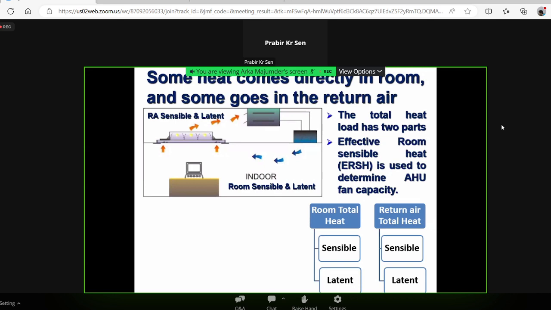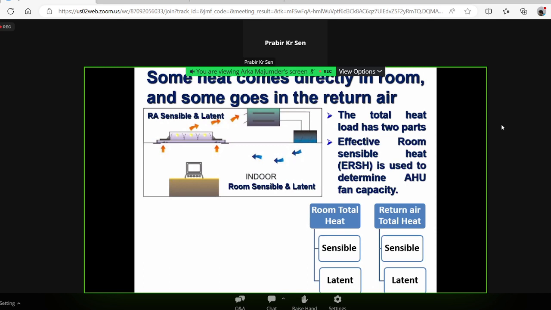Because the sensible heat, we have to recool the return air, which is picking up heat from the room. So room sensible heat finally has to be cooled in the cooling coil. So that will form one part of the cooling requirement of the cooling coil. Then the latent heat from the room, by way of moisture, goes to the cooling coil, and it also has to be condensed out by the cooling coil. So that will also form one part of the cooling requirement of the cooling coil.